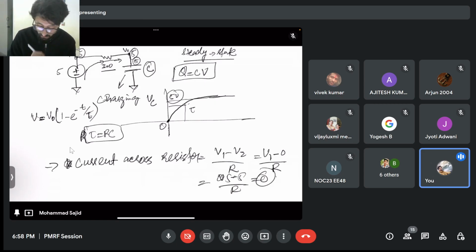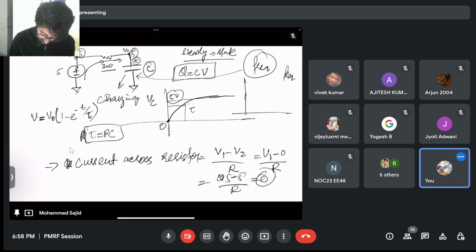Similarly, now if you have frequency as well, this frequency will change its blocking nature, and it has a relation that is inversely proportional to the frequency. You saw the formula Q is equal to CV. Now the current will be equal to C dV by dt.